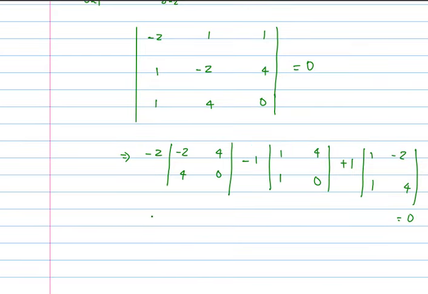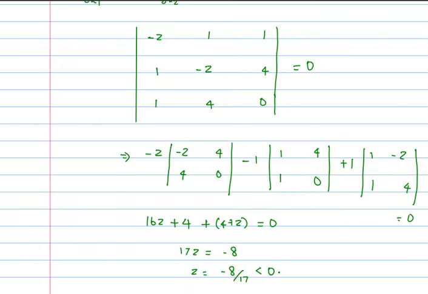This becomes 16z plus 4 plus 4 plus z equal to 0. We get 17z equal to minus 8, so z is equal to minus 8 divided by 17.